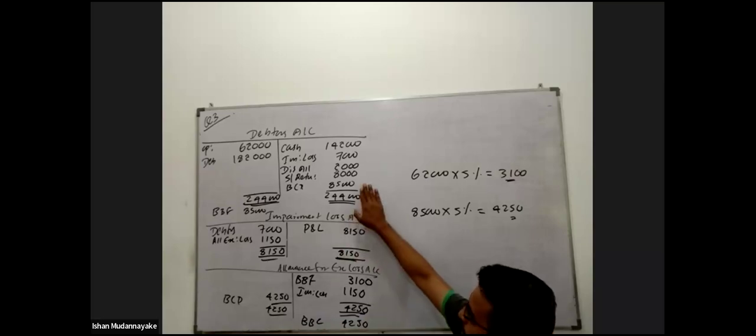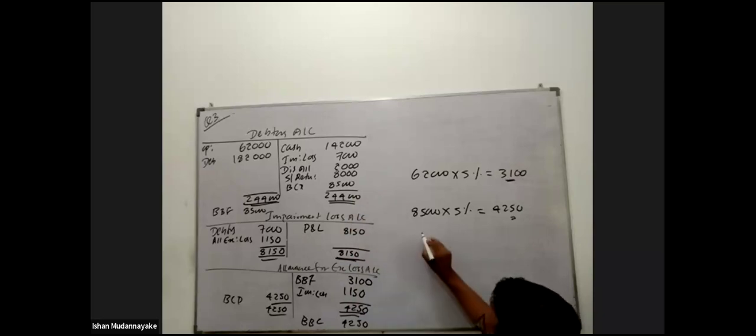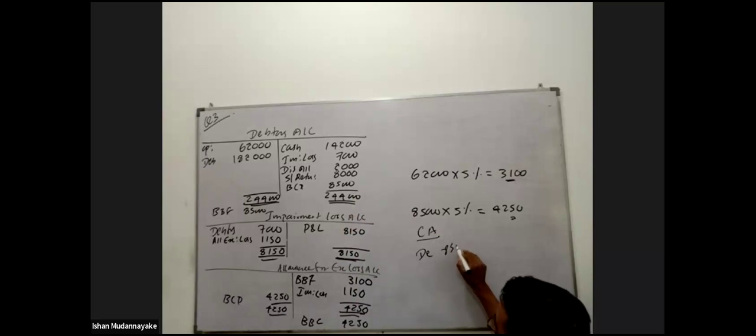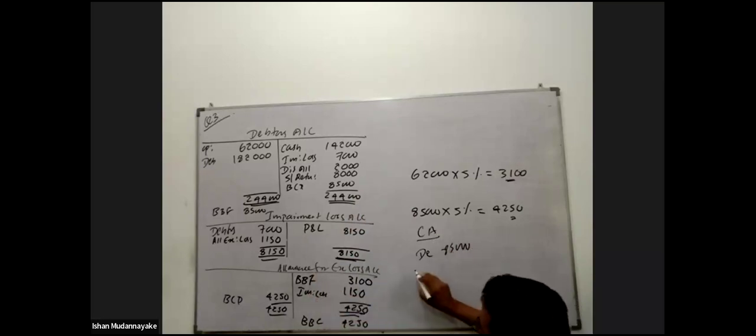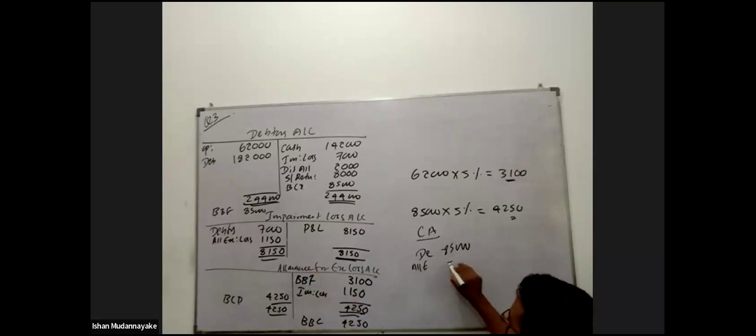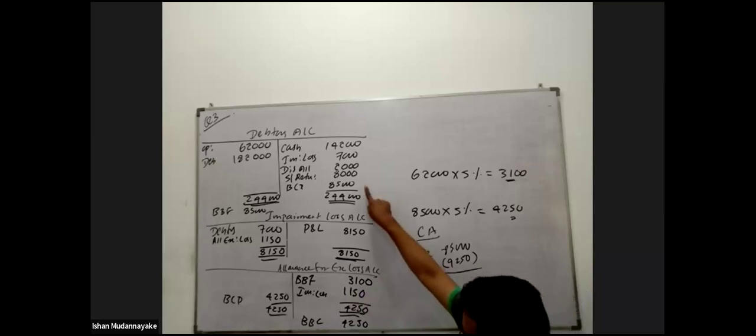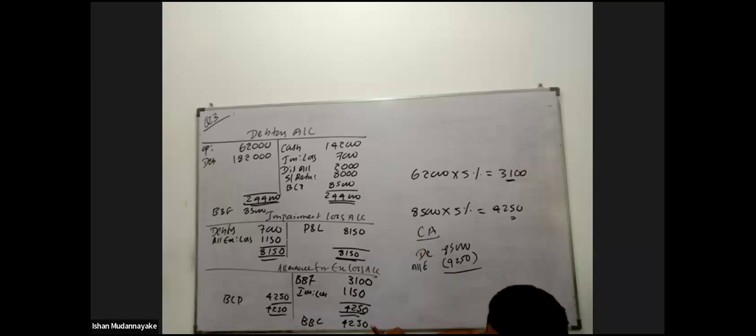When the closing debtors balance is 85,000, in current assets, debtors 85,000 minus allowance for expected loss closing balance 4,250. Allowance for expected loss 4,250. 85,000 is a debit balance. 4,250 is a credit balance.